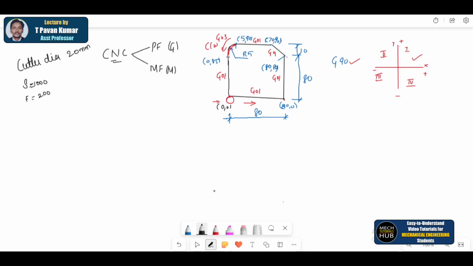For example, let me draw a side view also. This is the side view.